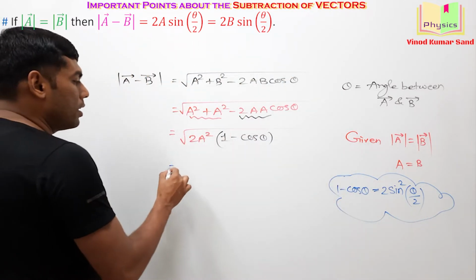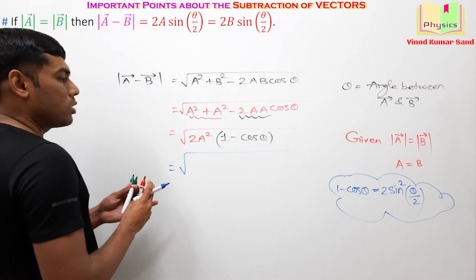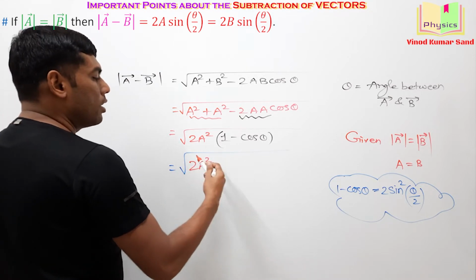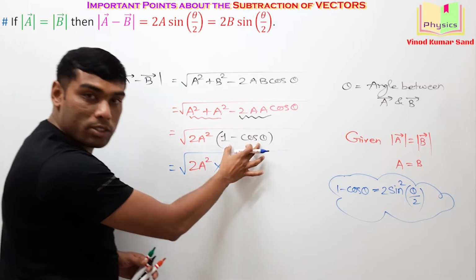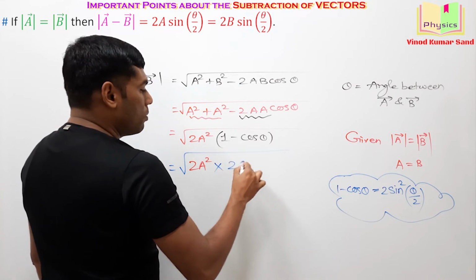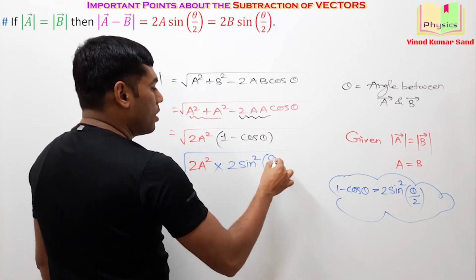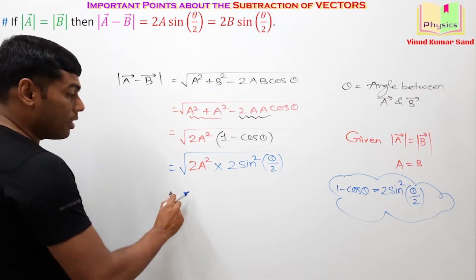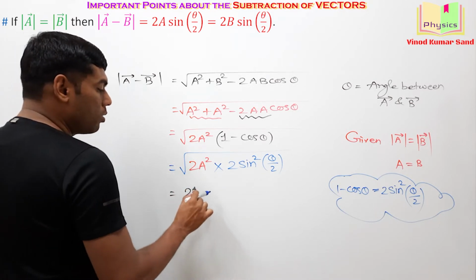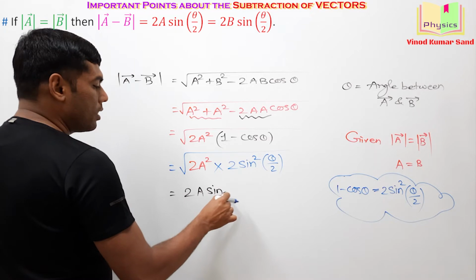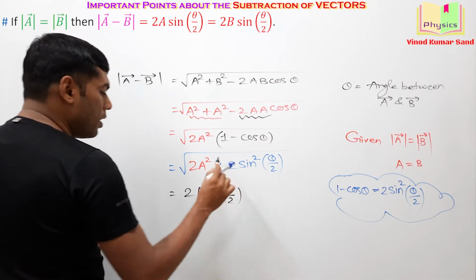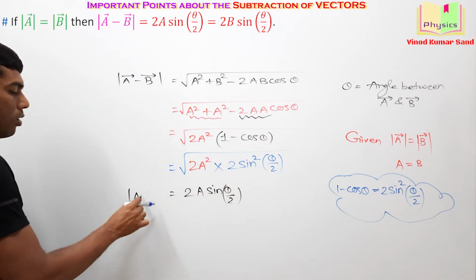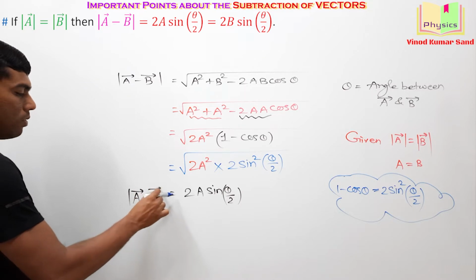Substituting that value here, 2A square into 2 sine square theta by 2. So the final remaining result will be equal to 2A sine theta by 2. Okay, this is the mod of A vector minus B vector.